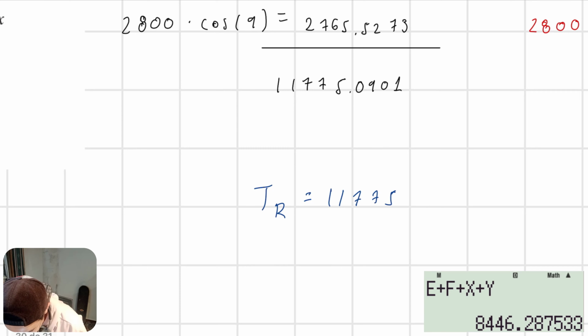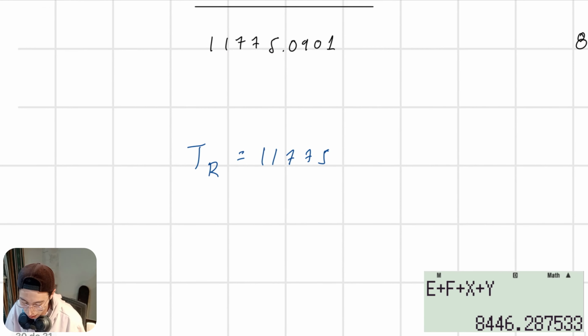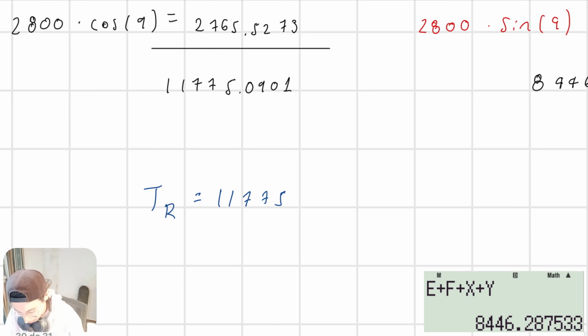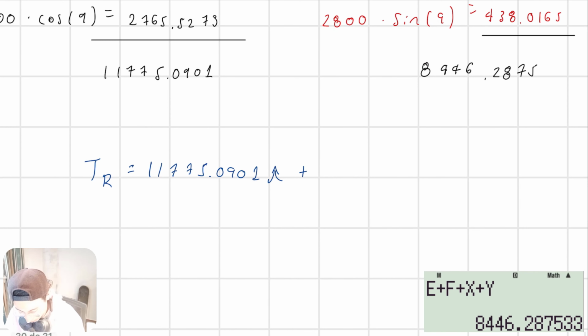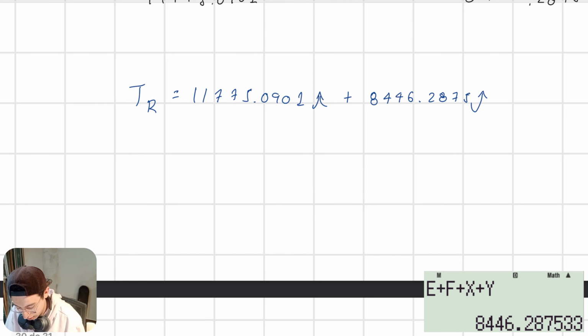I'm so sorry, I didn't know how to read this number at first. This is the vector regarding the components.